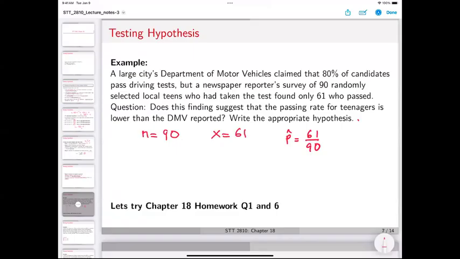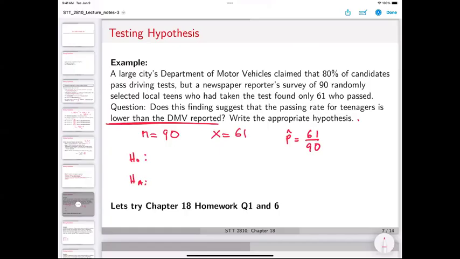So the question says, does this finding suggest that the passing rate for teenagers is lower than the DMV reported? Since I see that it says lower than the DMV reported, to formulate this hypothesis, always, we start with the null hypothesis. So we write H naught and then HA. We write the null hypothesis first, followed by the alternative hypothesis.